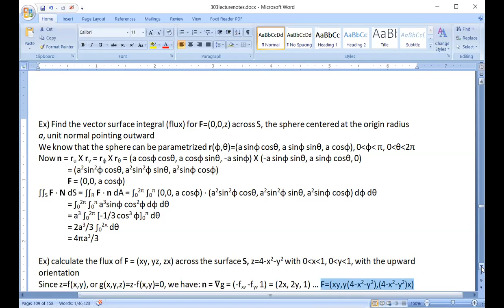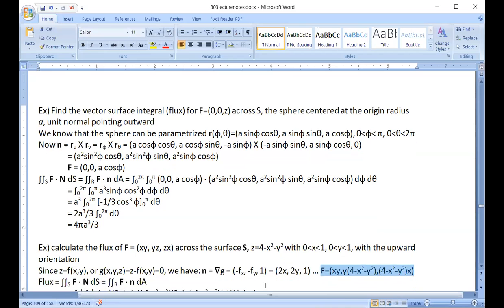And now we can set up our flux integral. So the flux is always the double integral over the surface of F dot unit normal big N dS, which is equal to the double integral over the region, meaning in terms of our parameters, of vector field F dot normal little n dA.